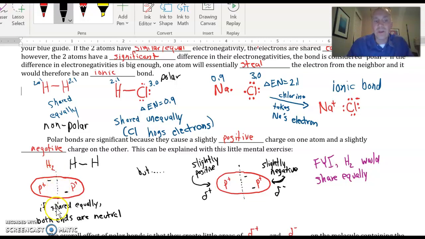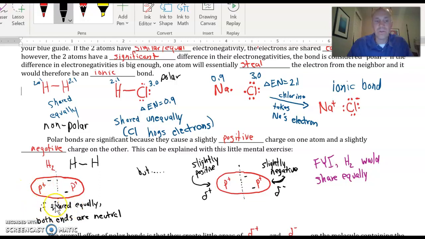All right, so if we cut it down the middle and you take a look at this right side, that's a positive charge, +1 charge from the proton, but a -1 charge from the electron. All right, so overall, this side right here would be neutral. All right, same thing could be said about the left side. It would also be neutral.